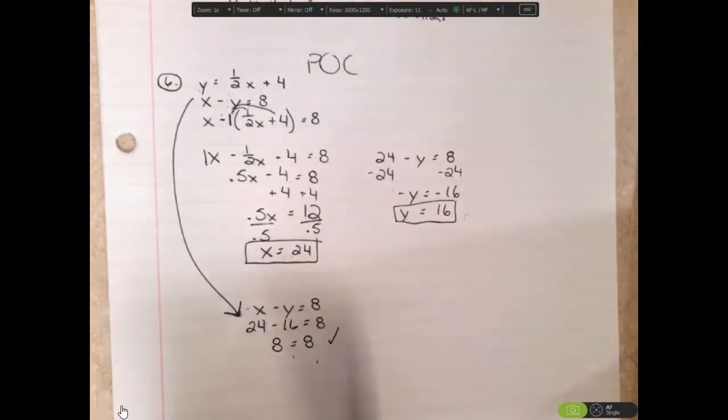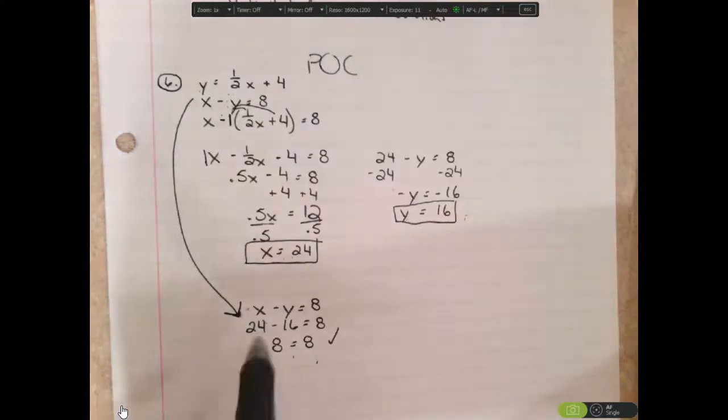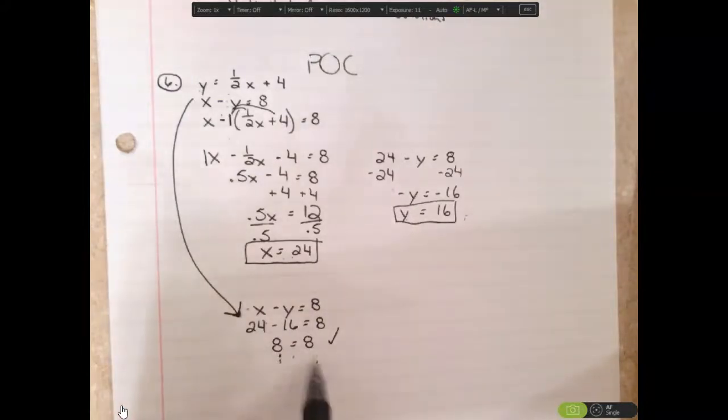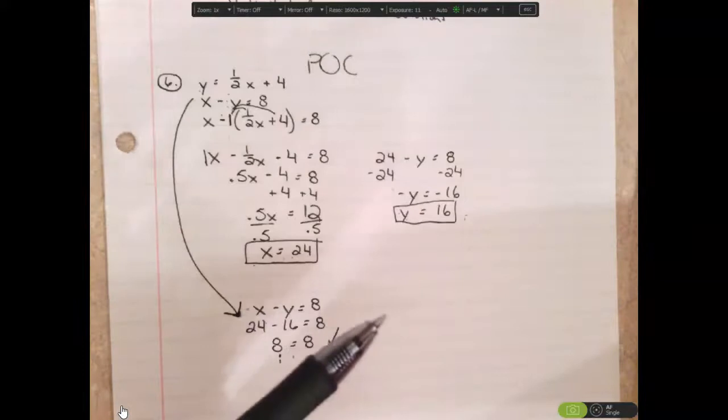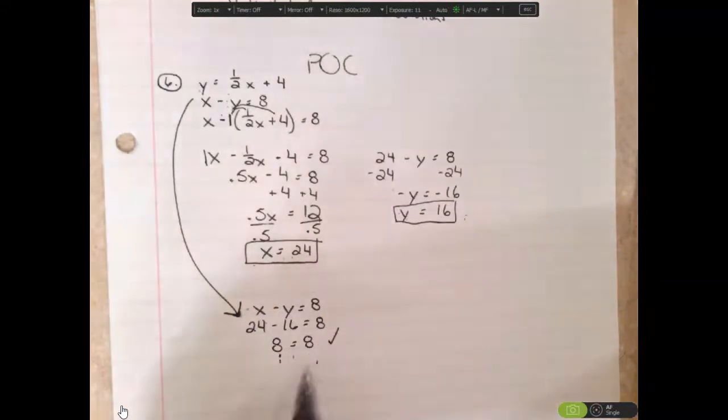You don't have to do this in all your problems, but it's a way of going back and checking. If you were to plug these 2 back in, and let's say, for example, you got 7, 7 does not equal 8, so one of your x or y's would have been wrong, or maybe even both of them. So again, just a way of checking your work.